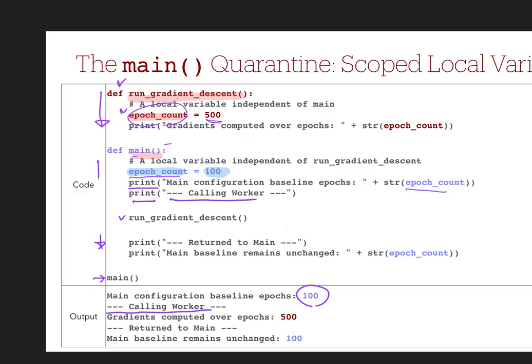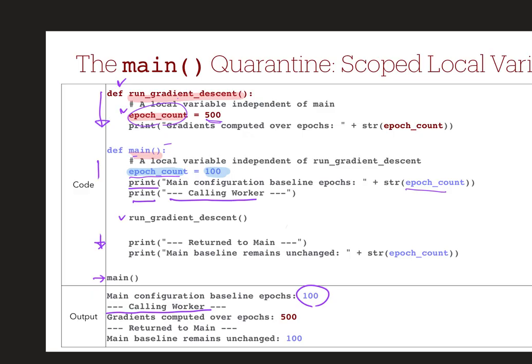So you have two different variables under the same name. Technically speaking, those are defined with different names inside the memory, but for human beings, the two variables seem to have the same names. Anyway, the epoch count variable for the run gradient descent function is created with the value 100.